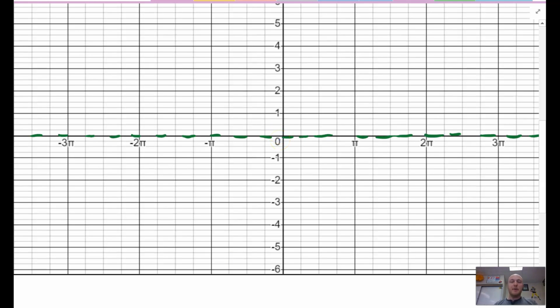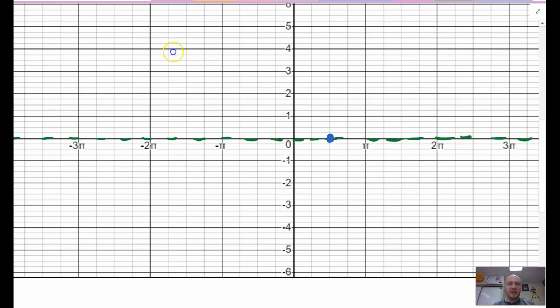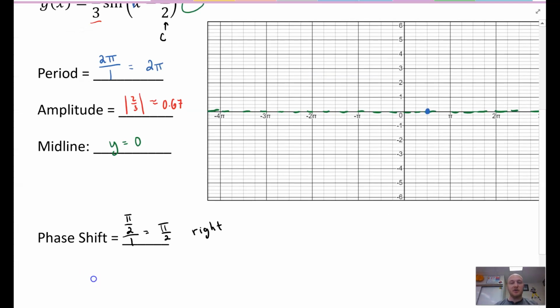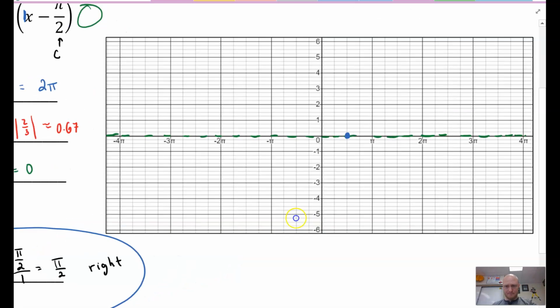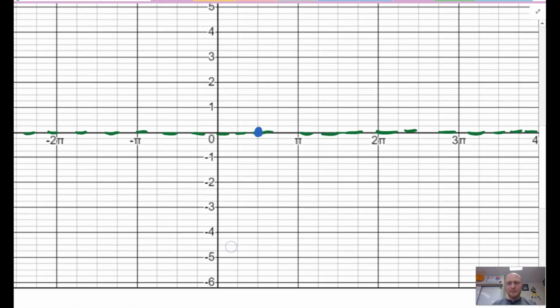We're going right pi halves. So I'm going to go right pi halves. So here's the first point. Again, I'll recap. This is a sine function, so we start at the origin, but our phase shift is a horizontal translation. We're going right pi over 2. So I have my pi over 2 here.